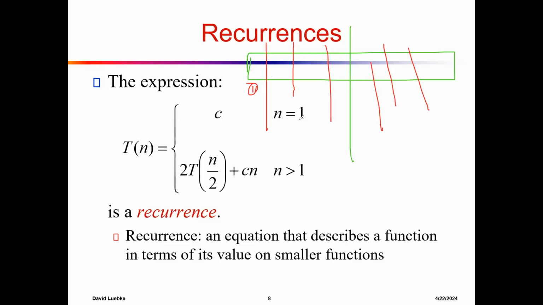If you have only 1 item, that takes constant time. So when we divide it in 2, we have 2 times the time it takes for half, plus that constant for n items.